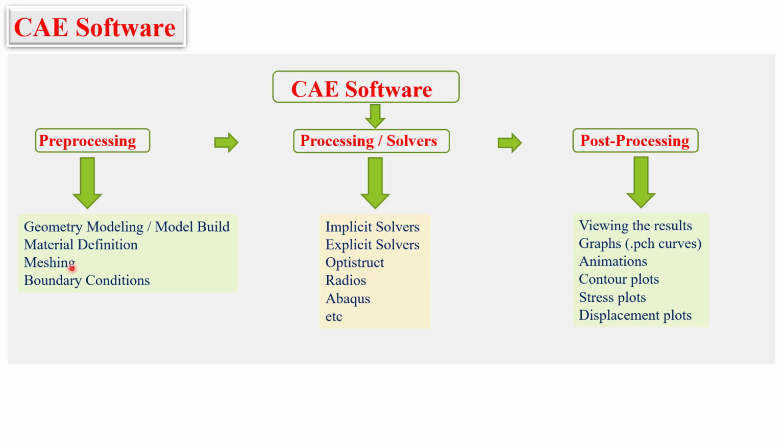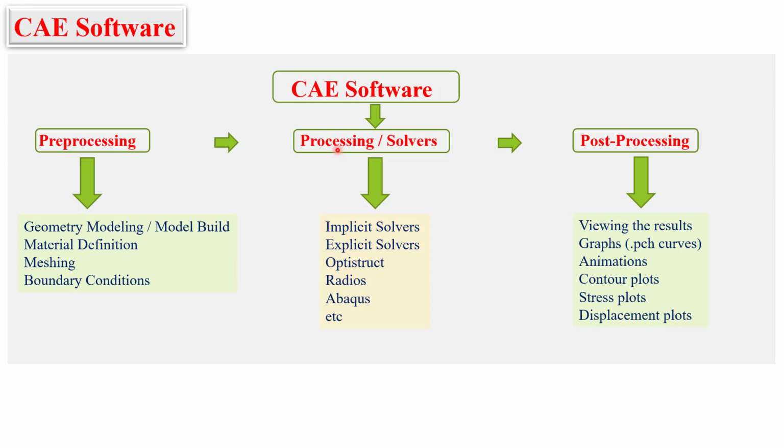With respect to 1D, 2D, 3D elements, we mesh the models, and then we define the boundary conditions, linear, non-linear, dynamic. All the things will be included, the fixtures, the pretensions. Most of the things will be included here. Once you are done with the pre-processing, we'll go to the solvers.